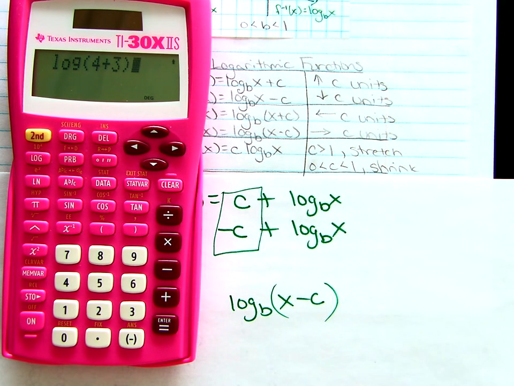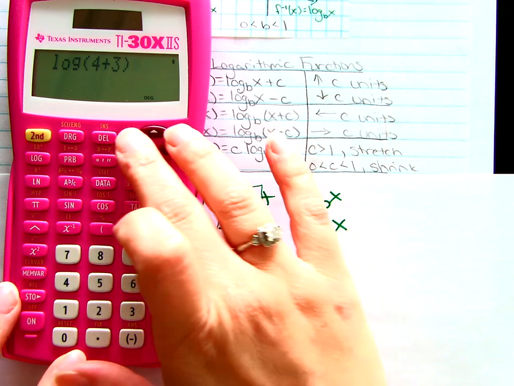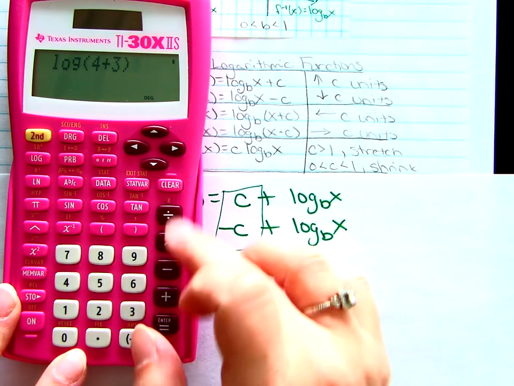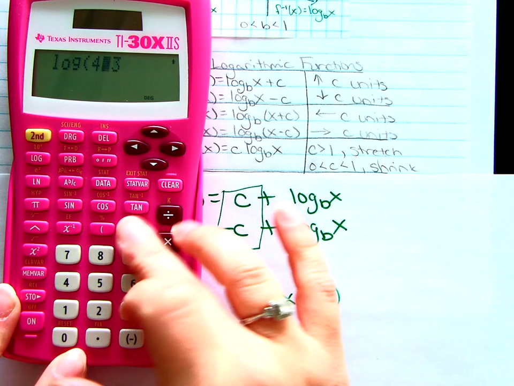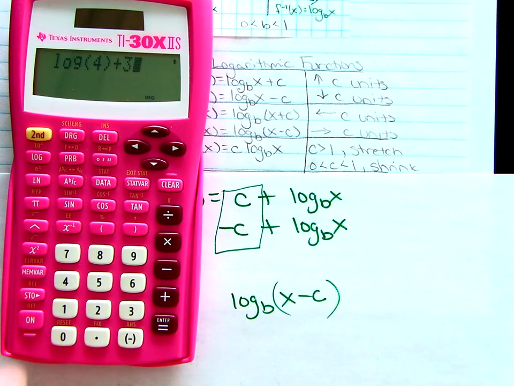But if what I meant was I want to take the log of 4 and then do a vertical shift up, then I'm going to have to do my parentheses not outside of it like that, but in here. Like that. Where now I'm saying I'm taking log of 4 and I'm going to vertical shift that up 3 units. Okay? So where you put your parentheses, even as you're trying to do some sort of computations in your calculator, is very important.